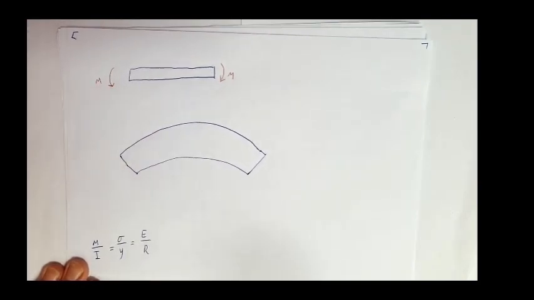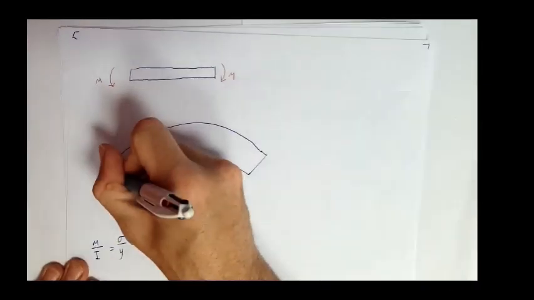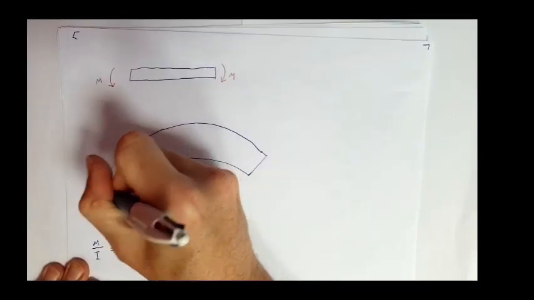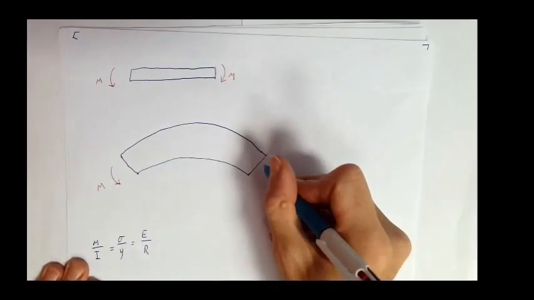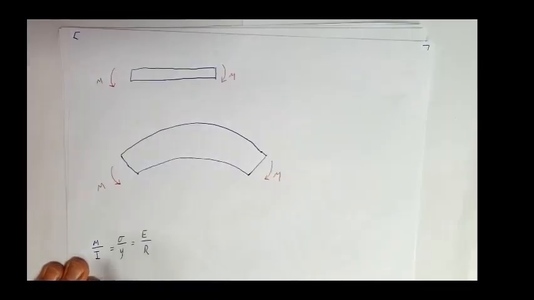Well, M is my moment, so the moment which we're applying to the beam. I is the second moment of area of the beam. So I describes the beam's resistance to bending. So if the beam has a high I value, it doesn't bend very much. Sigma is our direct stress.